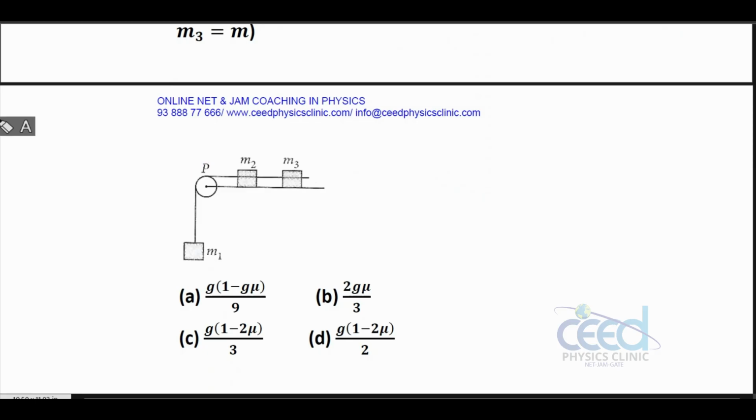Here you have to think: the downward force is m1g. Here friction is there, they have given, so a frictional force is pulling in this direction. Now m1 is equal to m2 is equal to m3.